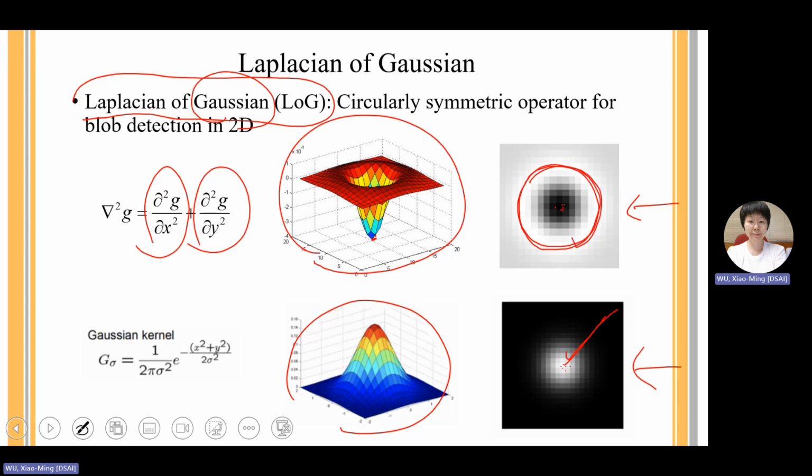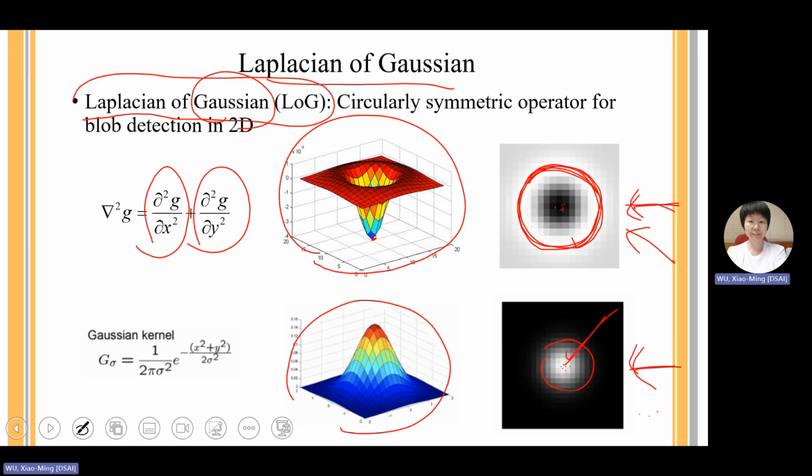Can you imagine why this function is appropriate for blob detection? Can you see a blob here? There's a blob here. But you may say that there's also a blob here. But why can we not just apply Gaussian? Instead, we need to apply Laplacian of Gaussian.